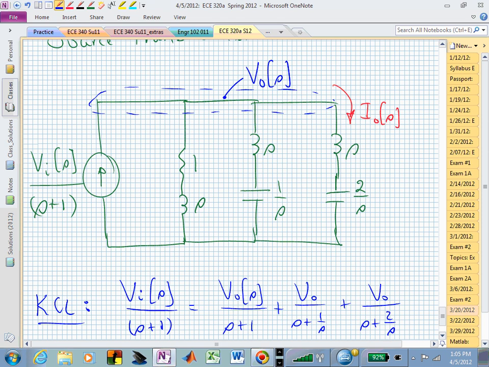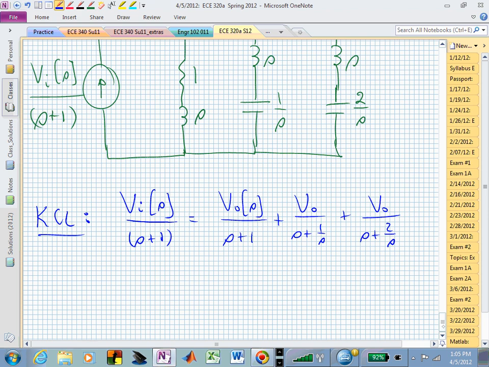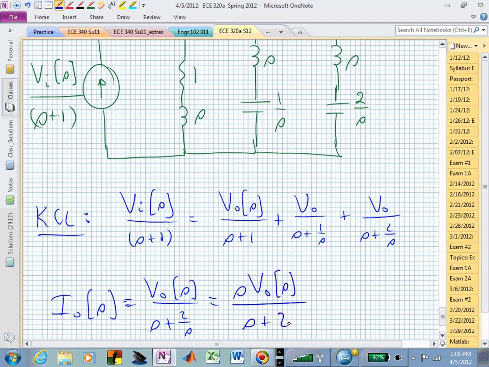I'm going to spare you the algebra and now write down the answer. Or maybe, yeah, I naught is simply V naught of s over s plus 2 over s. Which is actually s V naught of s over s squared plus 2.